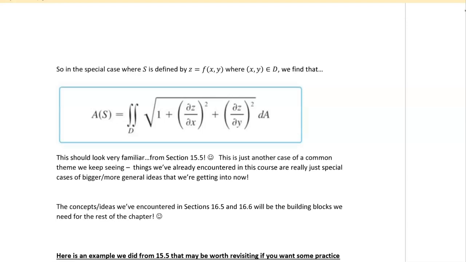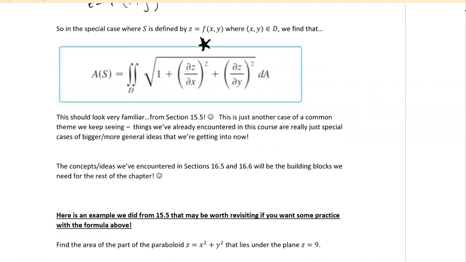Okay, so the last part of this, as I was just saying in the previous video: when we have a surface defined as z equals some function of x and y, using our generic formula to get the surface area with our parametric functions, we get the surface area double integral that we used at the end of chapter 15.